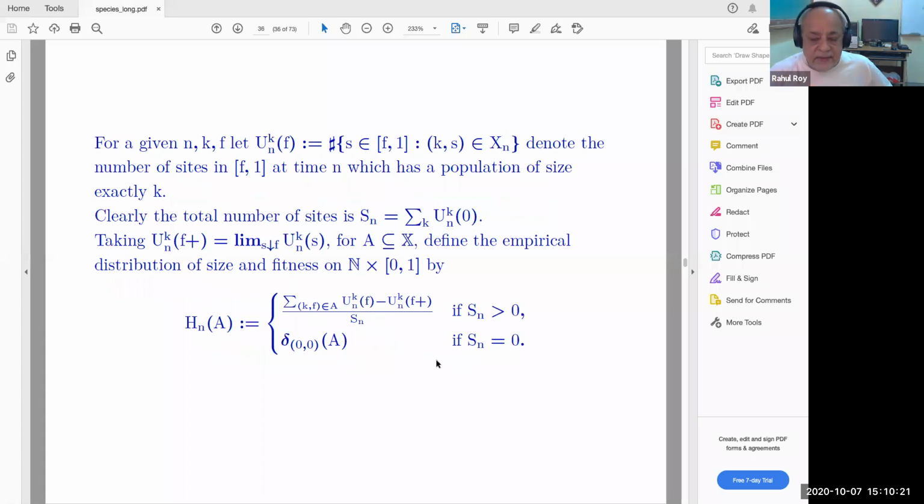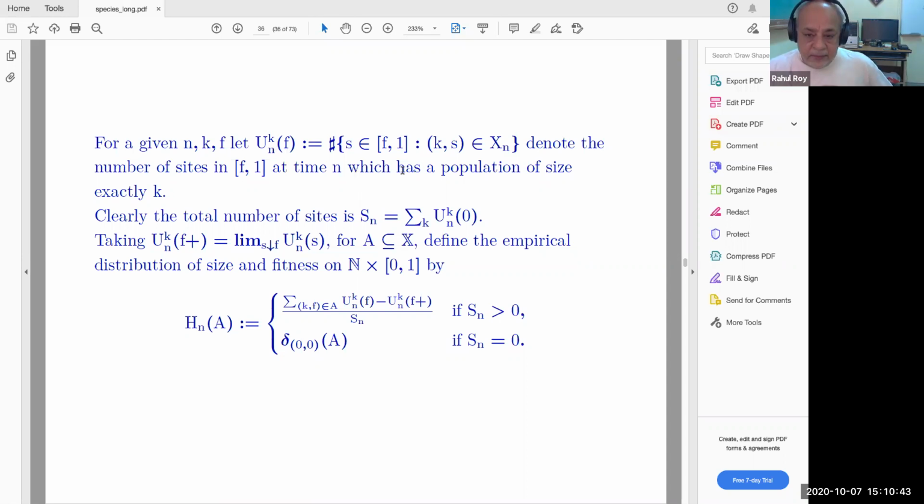And this is a very interesting result. So again, we'll look at the same kind of question which Benaïm and Schinazi studied. So let U_n(k, f) denote the number of sites in (Fc, f] which have a population of exactly k at time n.